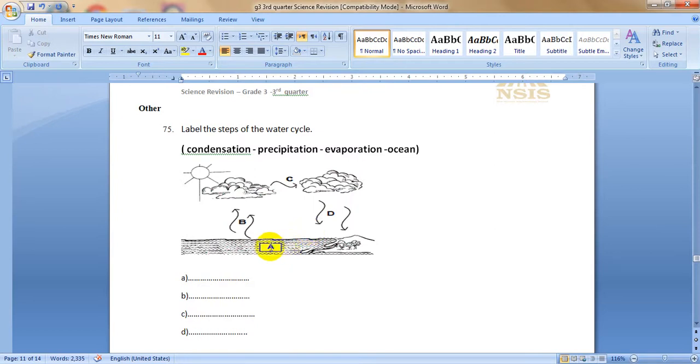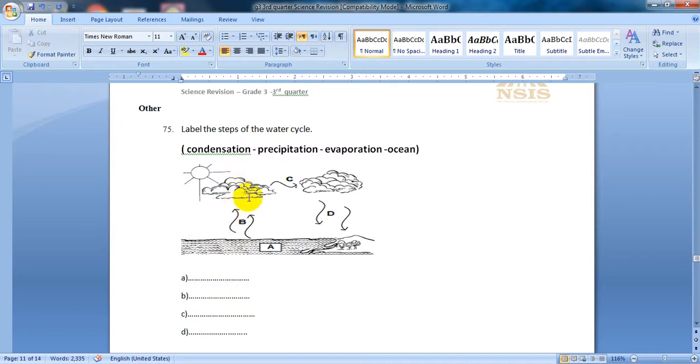The first step is the liquid water in any water surface on Earth, ocean, lake, pond, even a puddle. This will get a lot of heat from the sun, so it will evaporate and fly up with the air, forming water vapor.